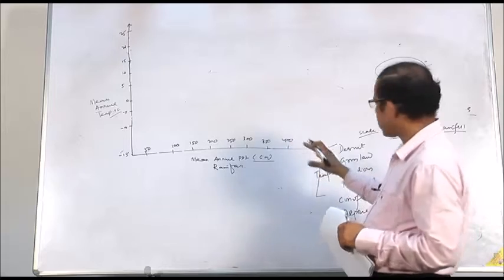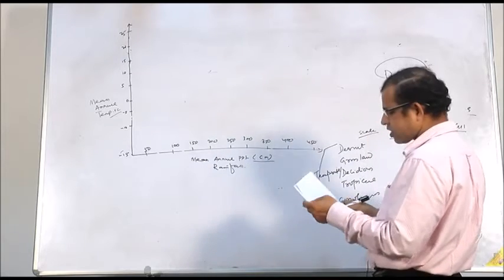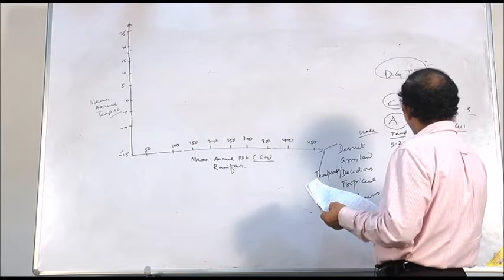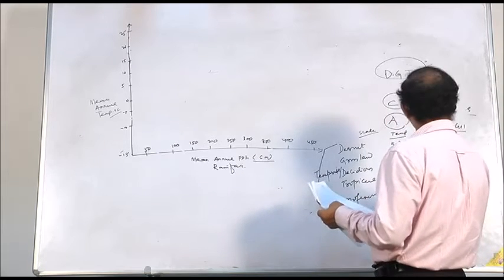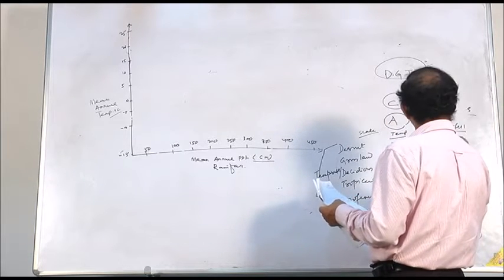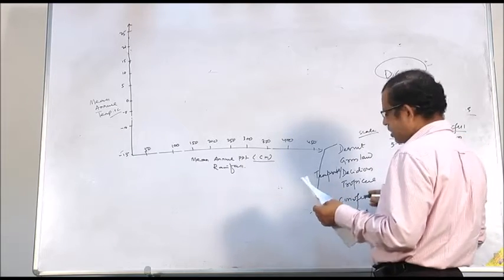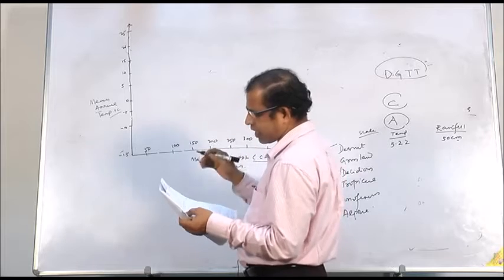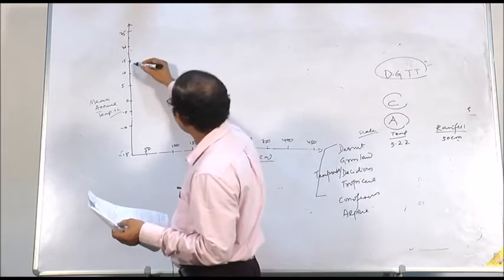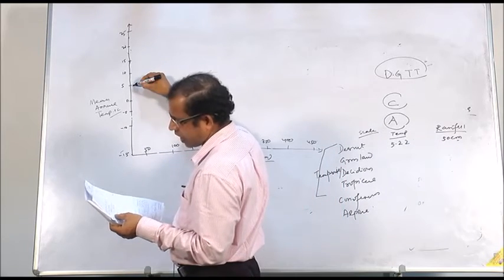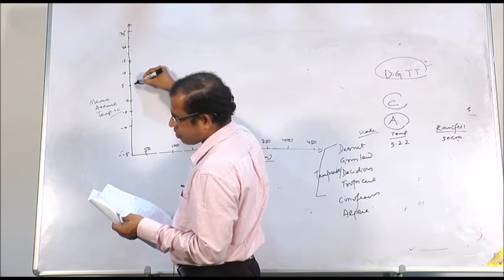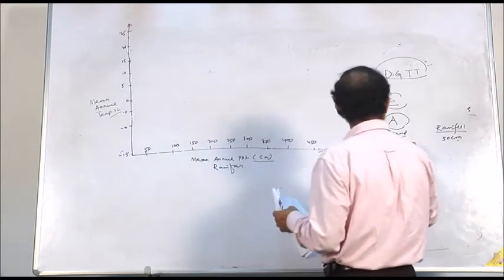If you compare these things, for the desert I will take the temperature scale from 5 to 22, and the rainfall is 50 centimeters.